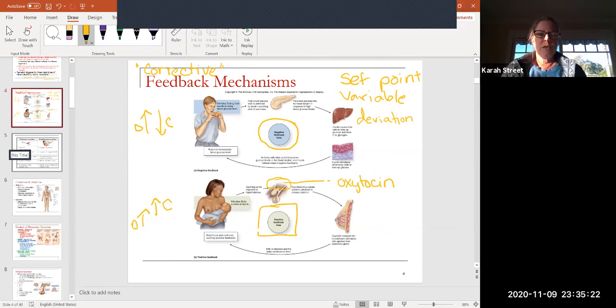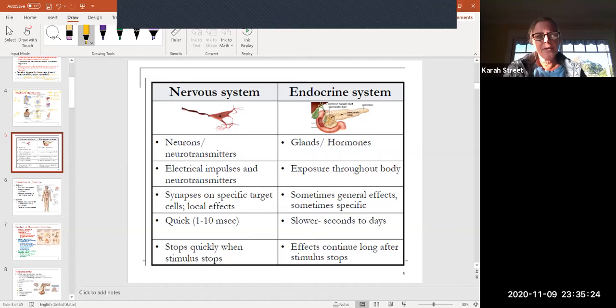Let me go over our comparison and contrast of the nervous system versus endocrine. When we're talking about nervous system, we're talking about neurons, a cell type that releases a chemical signal into a synapse. For endocrine, we're talking about glands, which can be many different cell types, and they release chemical signals called hormones into the bloodstream.